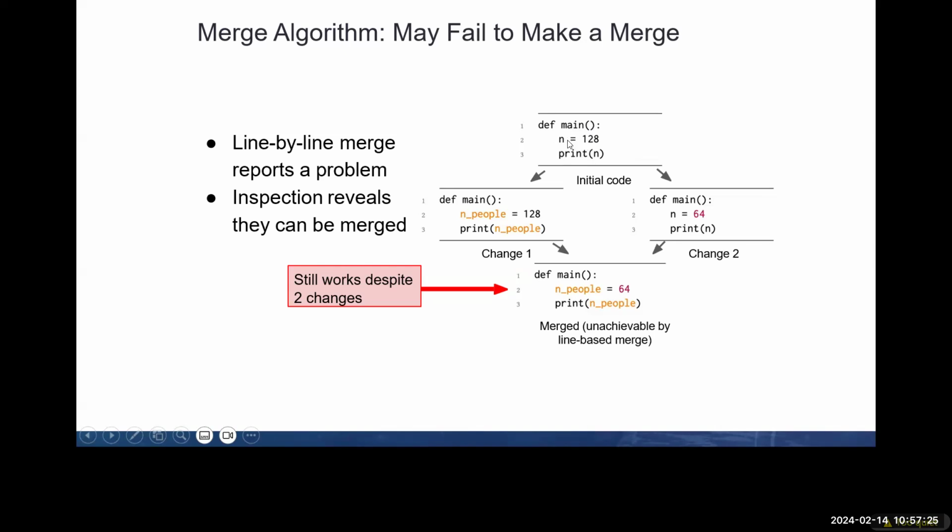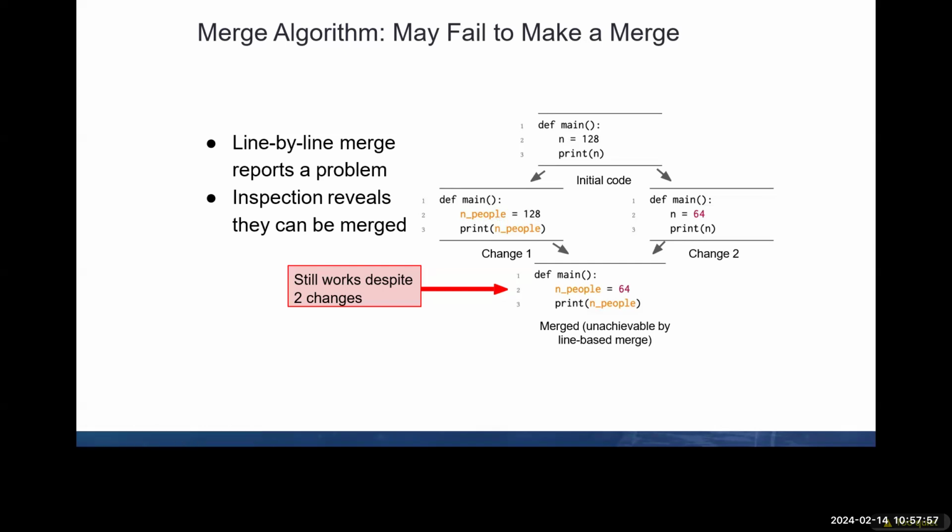So in this small program, we are putting the value 128 in a variable named n, and we are displaying the value of n. Now, let's say we have two users here. The first one gets this initial code and changes the variable n to n people, and he still stores the value 128, then it will print this variable.